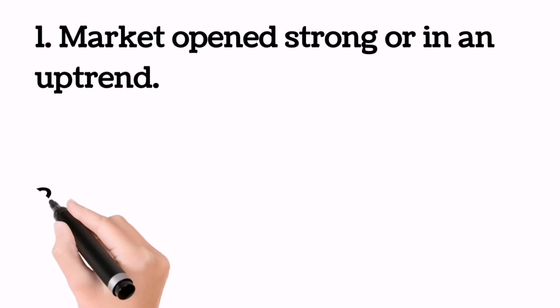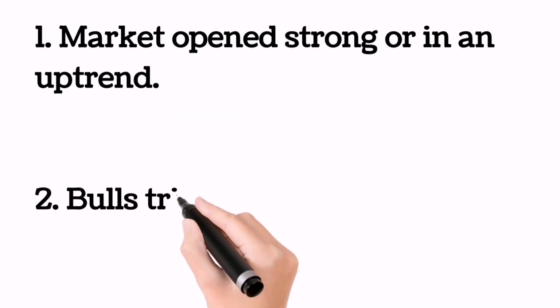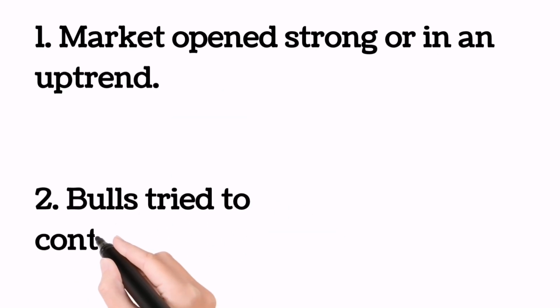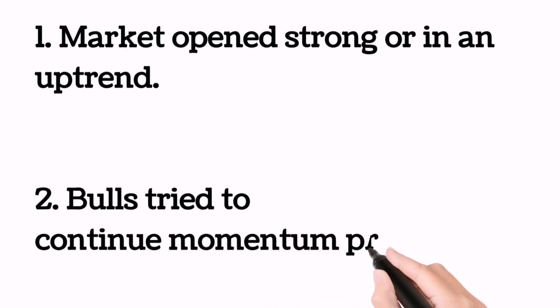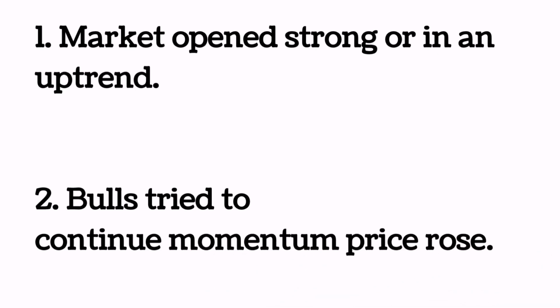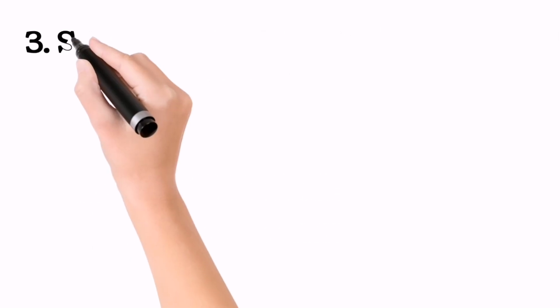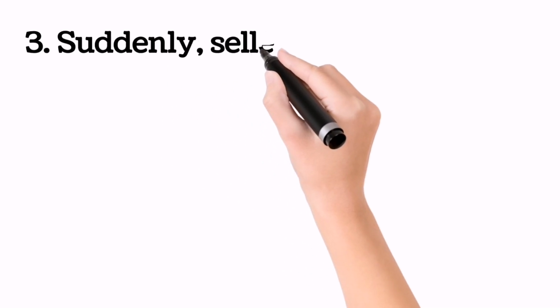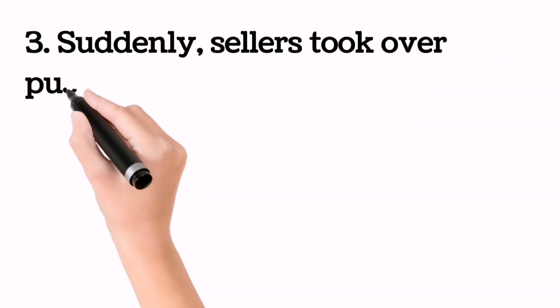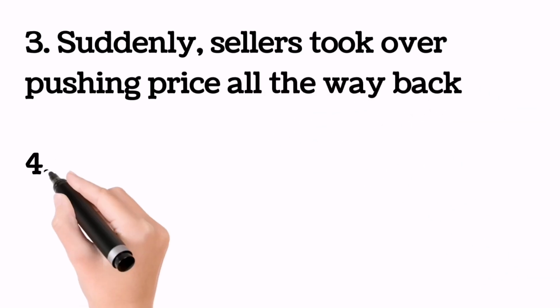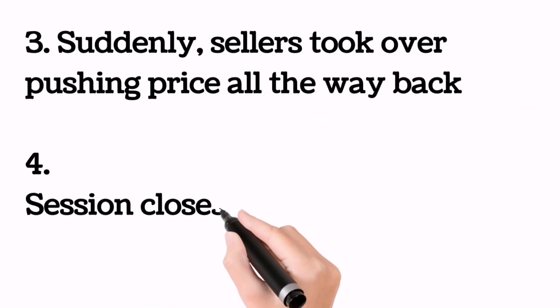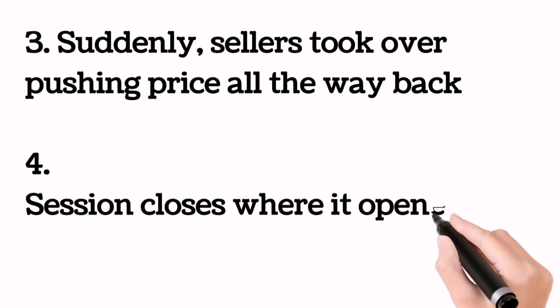Two, bulls tried to continue momentum, and price rose. Three, suddenly, sellers took over, pushing price all the way back. Four, the session closes where it opened, showing a complete loss of bullish control.